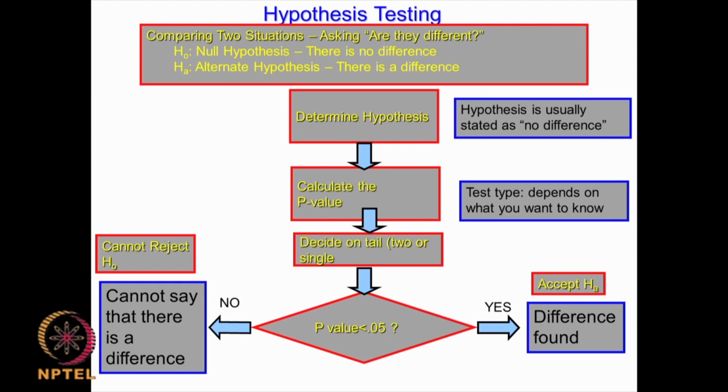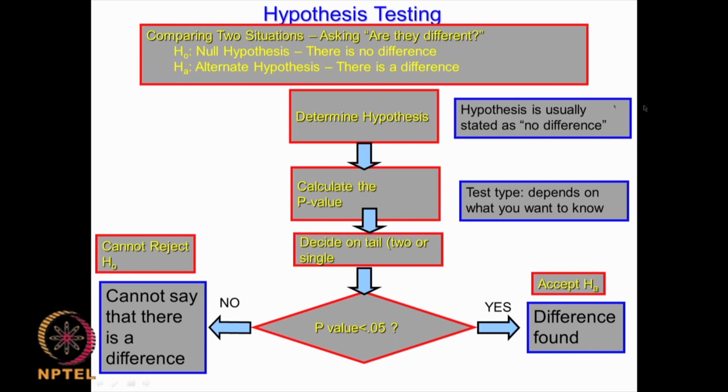So, we have those three situations. No difference is the null hypothesis, there is a difference is the alternate hypothesis, and that is called a two-tailed comparison. There is a difference, it could be greater or worse. If we are comparing only one side of it, the greater side or the worse side, then that is called a one-tailed test.